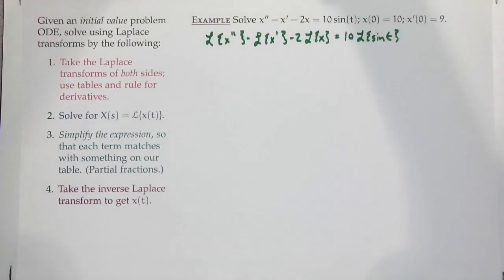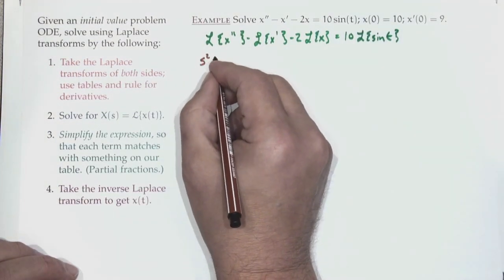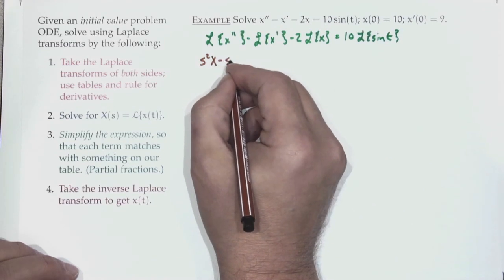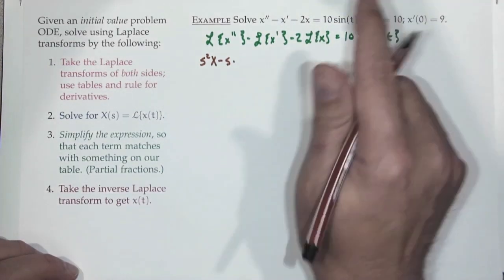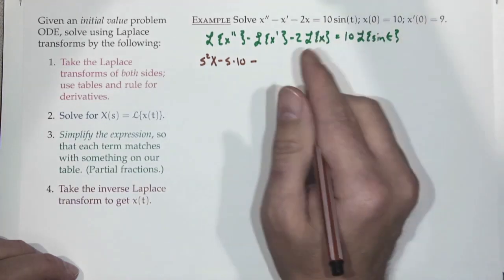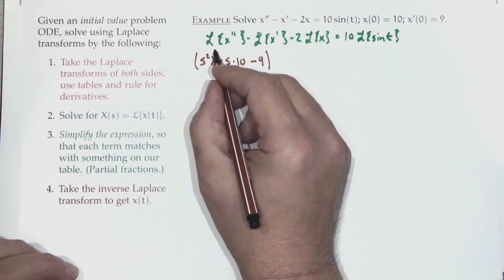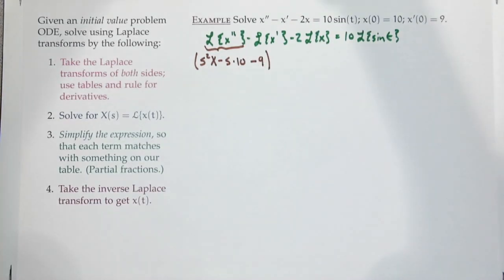Okay, so that says our first piece looks like s squared x minus s times 10 minus 9. So that's our first piece. Now our second piece.